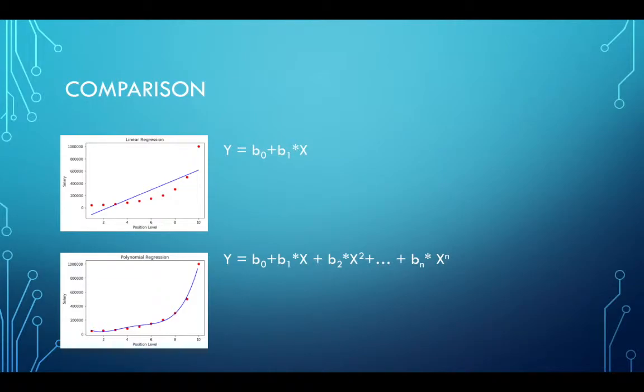For polynomial regression, the equation is y equals b0 plus b1 times x plus b2 times square of x plus and so on. This will be a curve. So for such a data set, it's much better than linear regression.